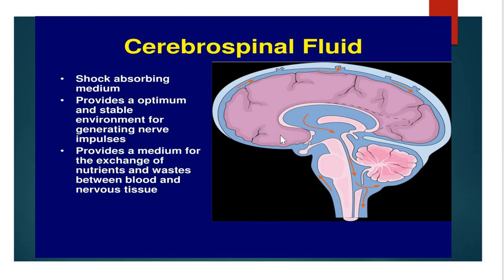It helps in the transmission of nutrients from outside to the brain and spinal cord, and it collects the waste from these parts and gives it to the external environment or to the blood. So these are the different components of the nervous system.